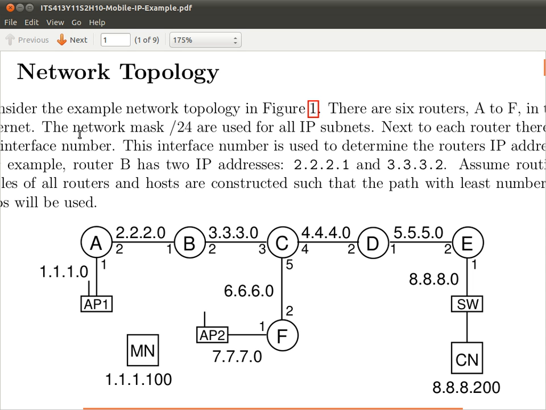Registration reply: the foreign agent updates its visitors list as shown here. There may be other things as well. There may be timeouts and so on so that we can delete information later. And registration reply. The mobile node receives this, and from that point on, from the mobile node's perspective, it's now registered on the foreign network and can start sending packets on that foreign network, and should soon start receiving packets on that foreign network.